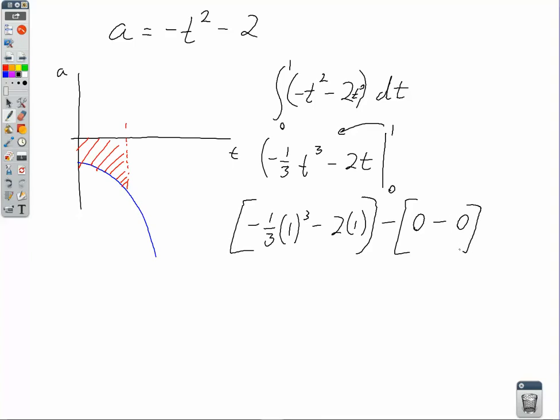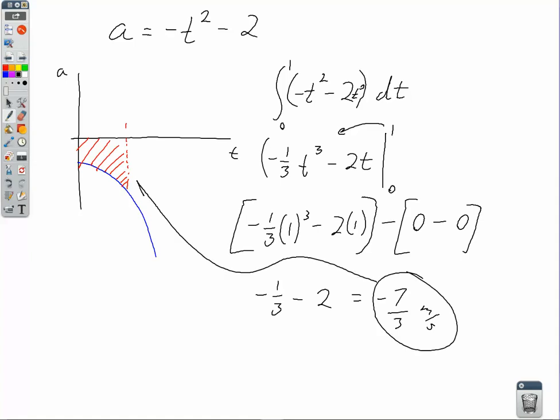And so we've got negative 1/3 minus 2, which gives us, let's see, that's 6/3, negative 7/3. Gosh, I hope I did that right. I always screw up my arithmetic. Negative 7/3. So we learned that area under a curve is negative, and in this case, indeed it is.